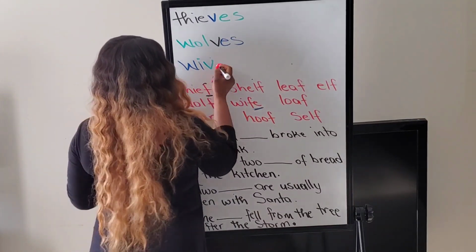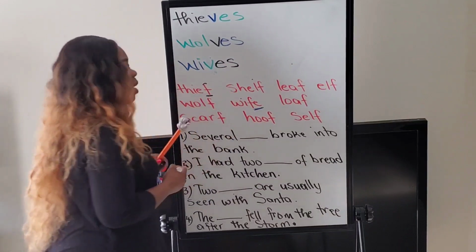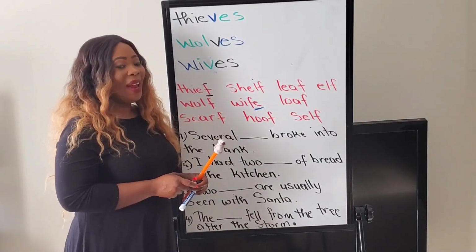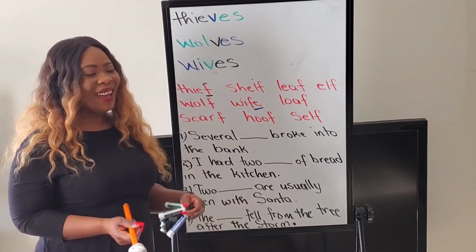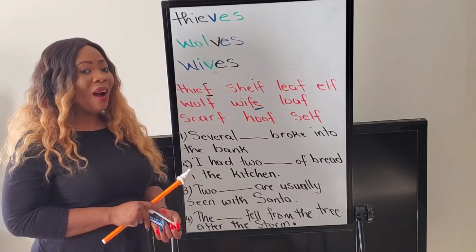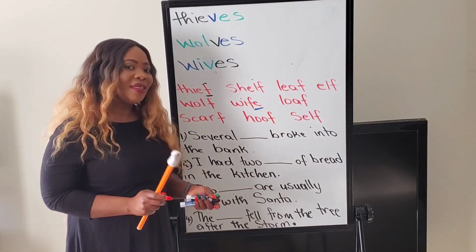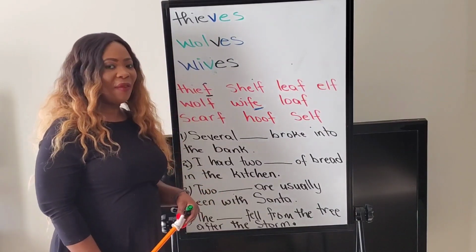Beautiful, my geniuses. Beautiful job. ES. So it becomes wives. And in Africa, men are allowed to have several wives. Yes, in Africa, men are allowed to have several wives. Or I could say in some cultures, men are allowed to have several wives.